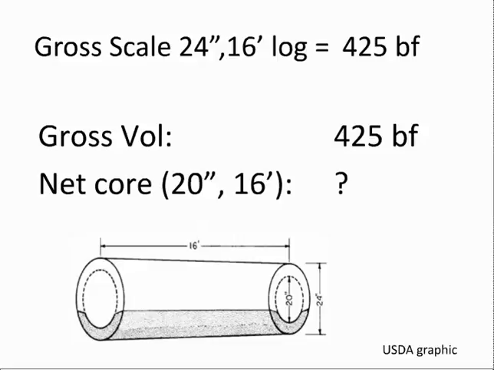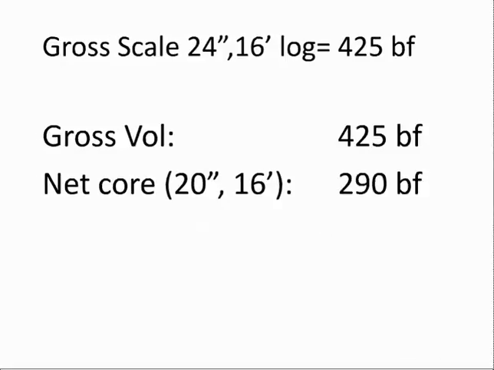So again, I go to the table and I get the net core, the donut hole, and the table tells me that that is 290 board feet, okay? I just see a mistake up here that I'm going to have to fix, but that should say 24-inch, 16-foot log, 425. 20-inch, 16-foot, 290.